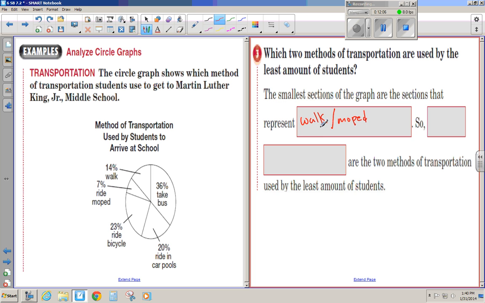Walking was 14%, and moped was 7%. So you can say walking and mopeds are the two methods of transportation used by the least amount of students.